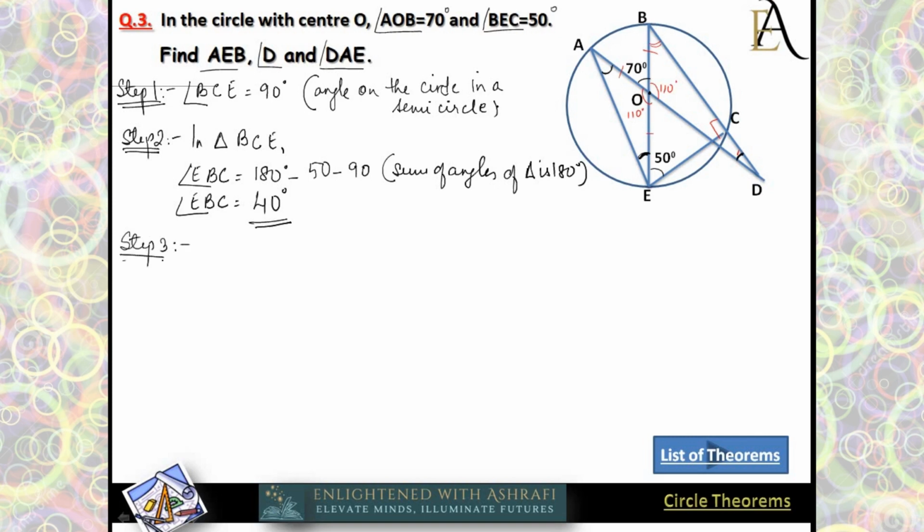Okay, now step 3. So we got this as 40 degrees. Now we can use angle AOB plus angle BOD is equal to 180 degrees, linear pair property.